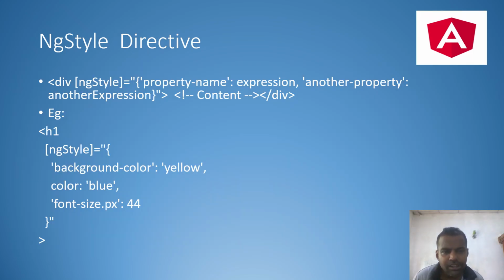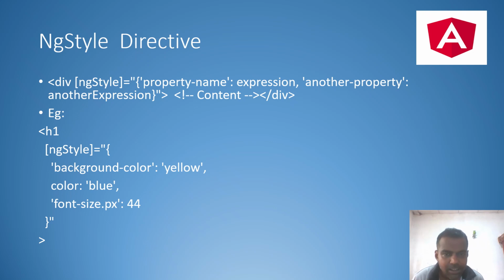Now we are going to learn about attribute directives. First we will learn about the ngStyle directive. Here is the format of the ngStyle directive. Using the ngStyle directive, normally we can style any HTML element.